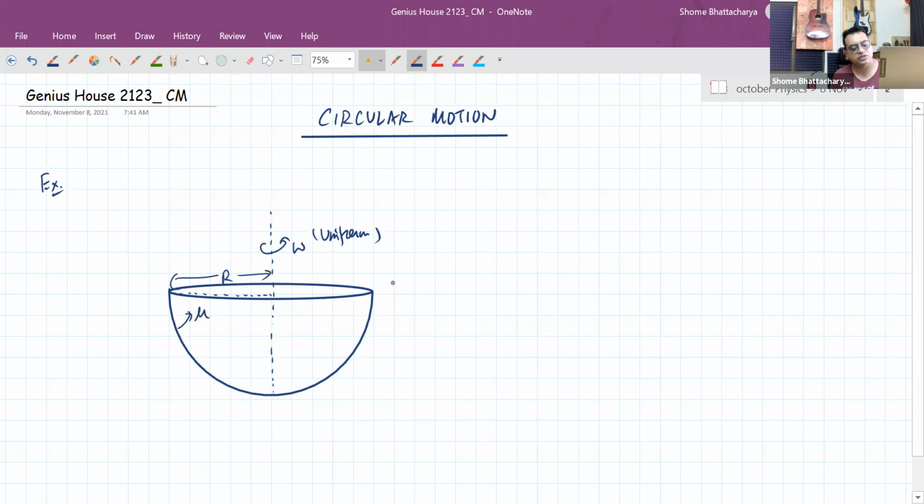This surface has a coefficient of friction mu. So somewhere inside this, there is a particle which is lodged, such that the position of the particle with respect to the center of curvature of the hemispherical surface is making an angle theta.